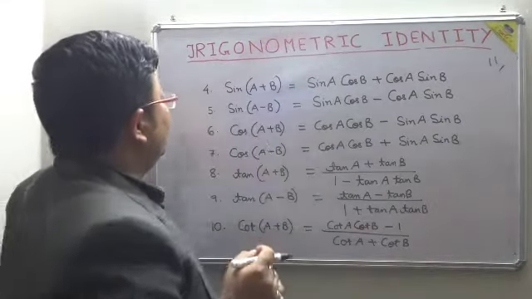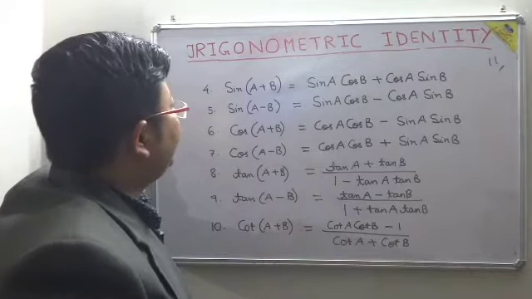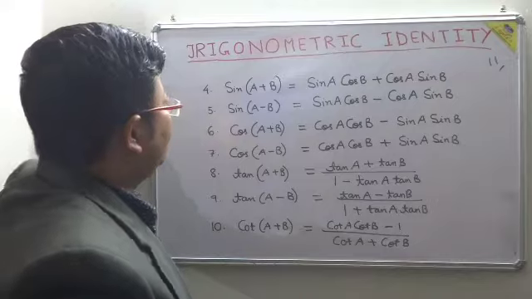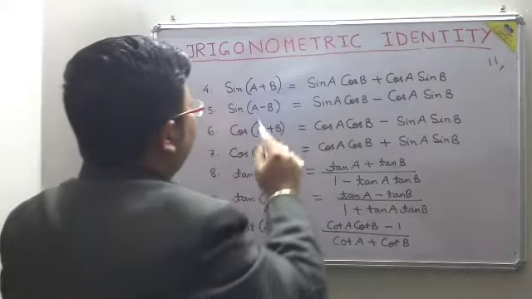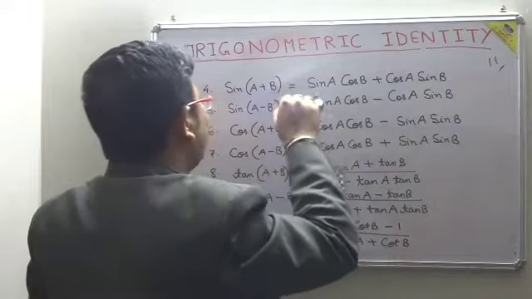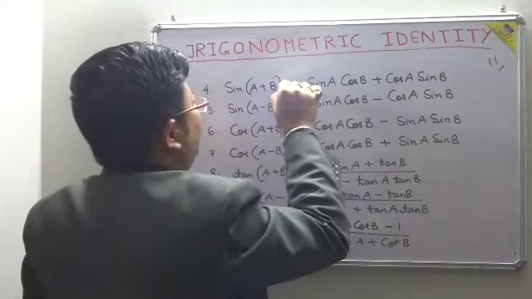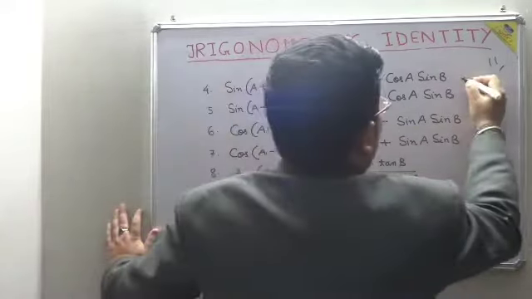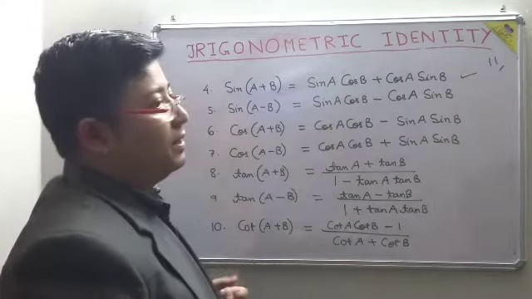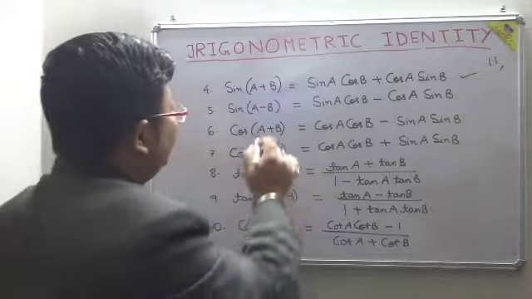Sin(A plus B) we can write as sin A cos B plus cos A sin B. Just see the terms: sin A cos B, and again you write cos A sin B. So in this way you have to remember this one. Similarly, the fifth one, sin(A minus B): same thing, but a minus sign will be there because minus is here.